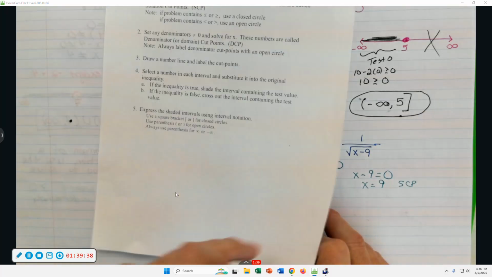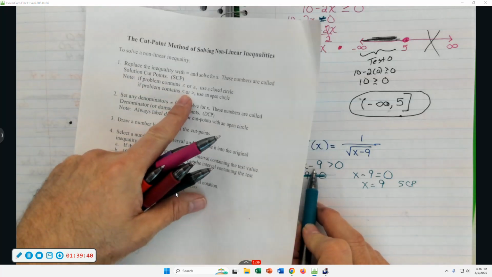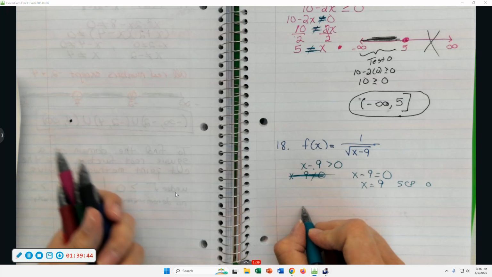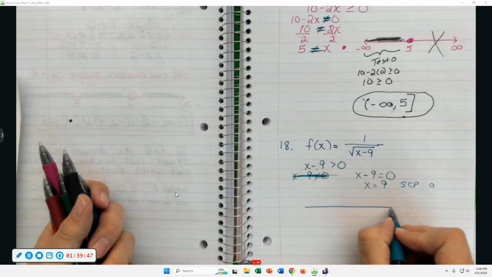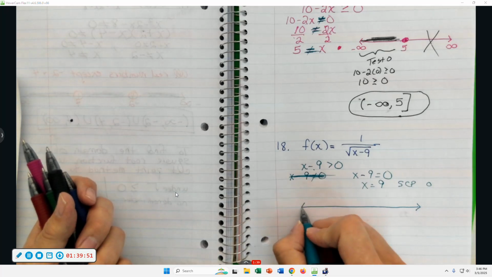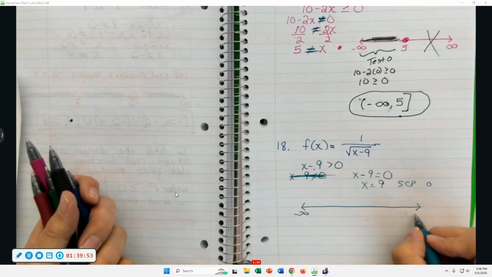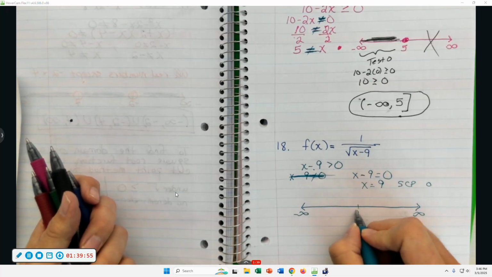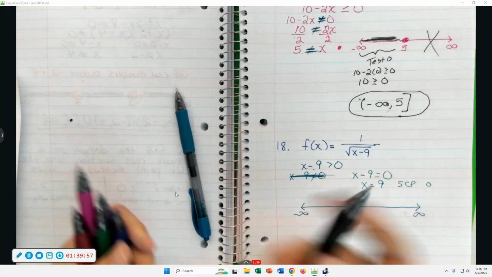Open or closed circle? Open. Draw your number line. Open circle.